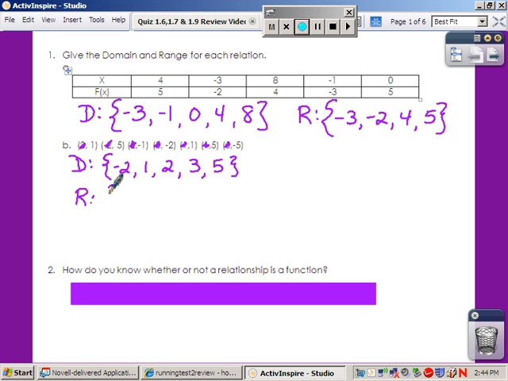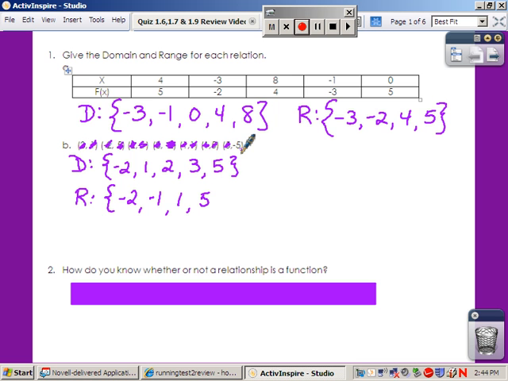The range, this time they actually are y values. So again, lowest one would be -2, then -1. The 1 shows up twice, and 5.